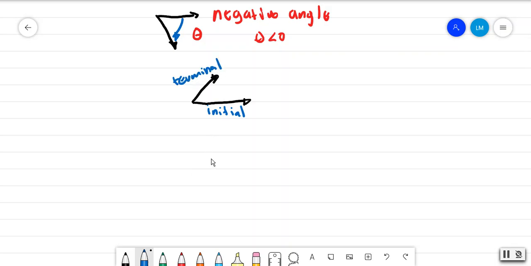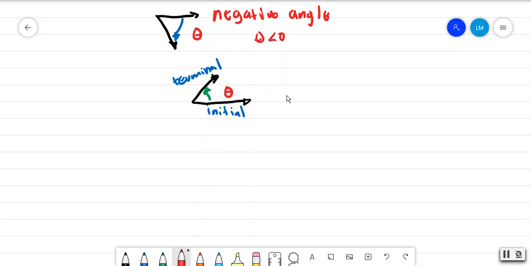If you've ever heard the term terminal side, it's basically just talking about the end right here. Now, furthermore, what we need to do is indicate an angle measure. Because the terminal side is right there, we're going to indicate that we went in a counterclockwise motion, and we're going to name this theta.